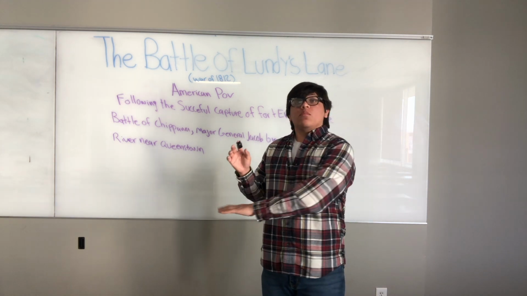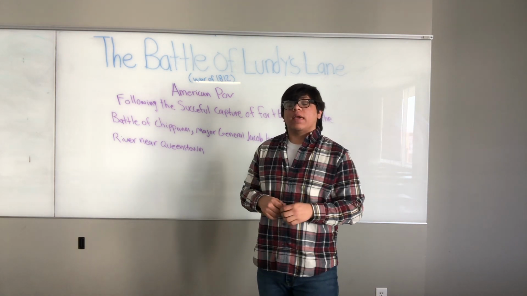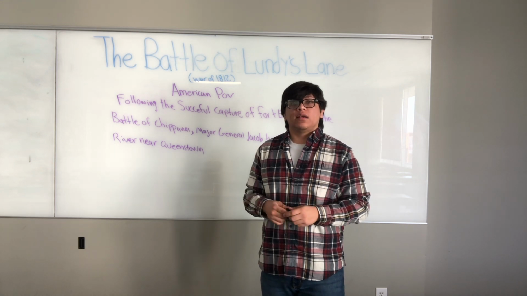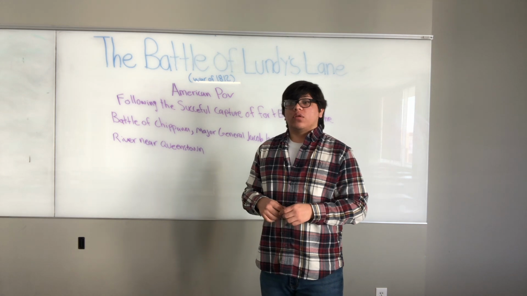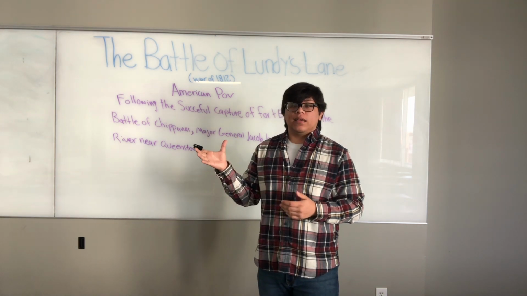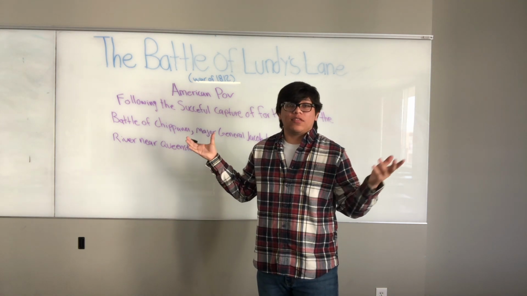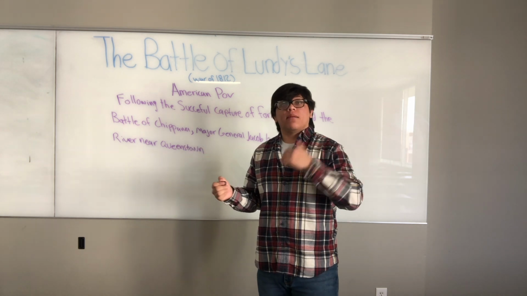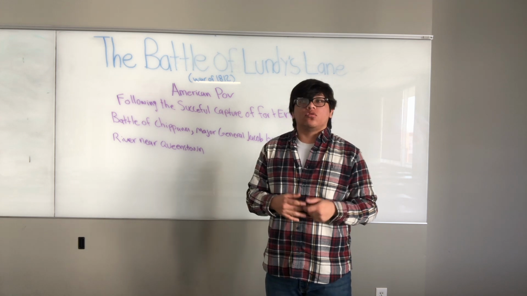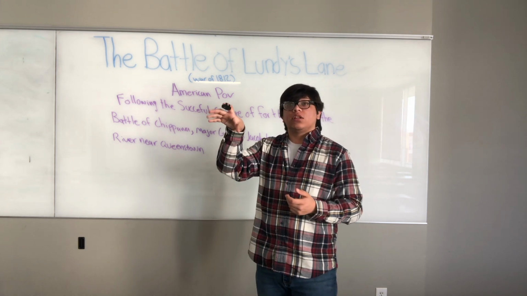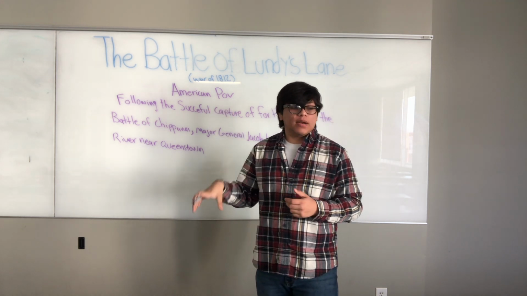So the reason why he moved all the way down here along with all his men was to secure supplies. He was running very low on supplies during this time, and so even if he wanted to stay up there, he couldn't because they didn't have anything. So if the British ever did come back, they were going to get hit really bad. And so to avoid that mistake, they just ended up going back down to secure supplies.